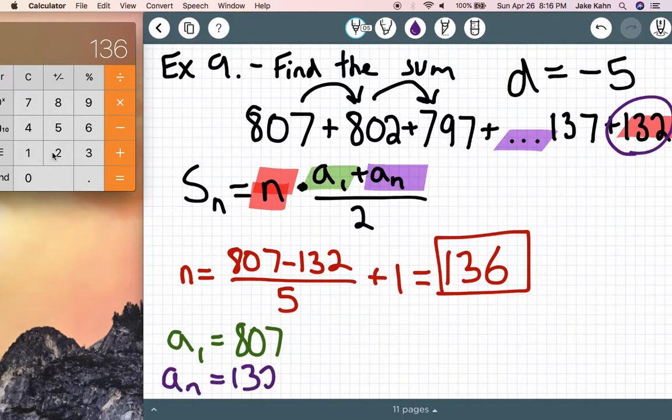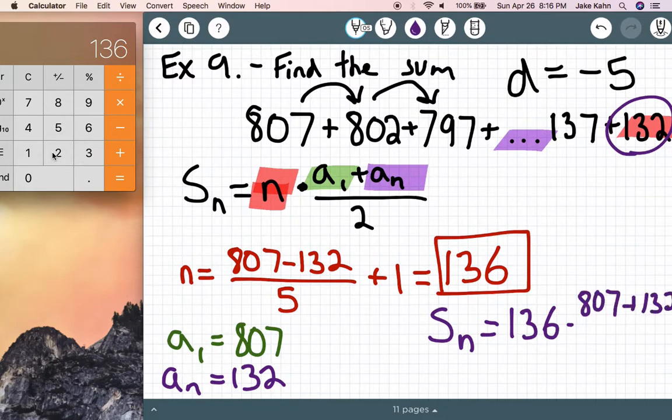And now you have everything you need to plug it into your formula and solve for the sum. So S of n is equal to n, which is 136, times a1 plus an, which is 807 plus 132, divided by 2.